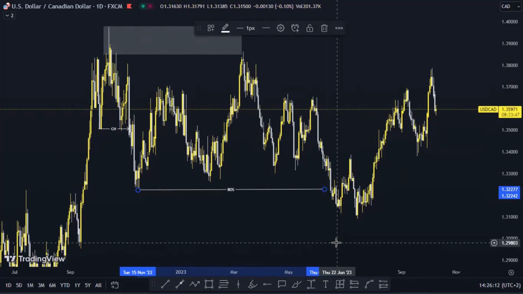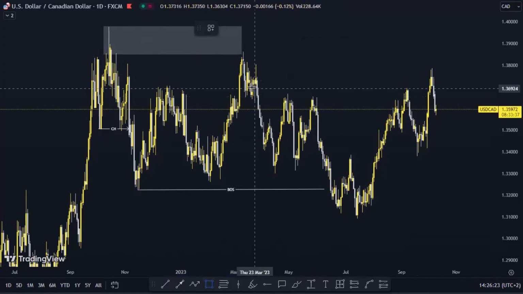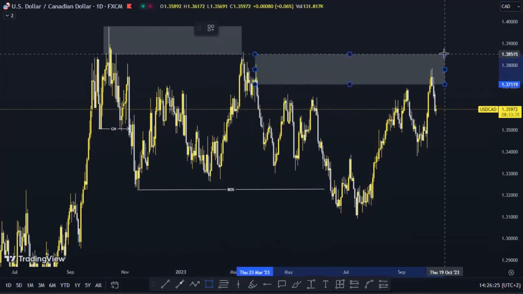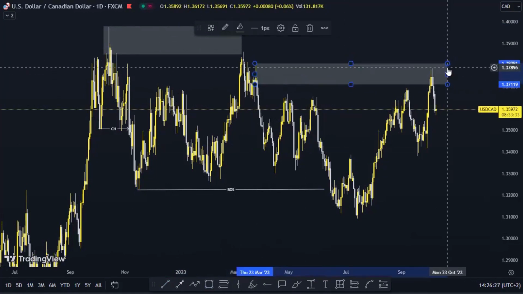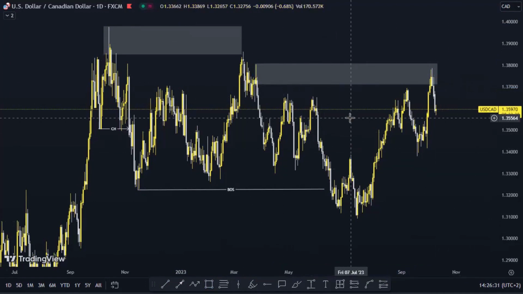Hands are shaking. All right, by breaking the structure, this was originally the last lower high. However, it had liquidity above it. So we're going to look for another area above that. So we get this one, which means now we need to start looking for more selling opportunities.